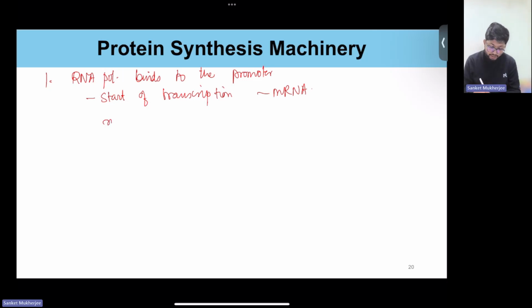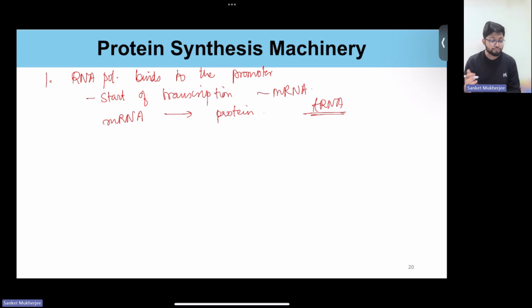After mRNA is formed, mRNA leads to protein synthesis, and this is usually coupled. There are tRNAs involved, which read the mRNA using anticodons, and then it works.